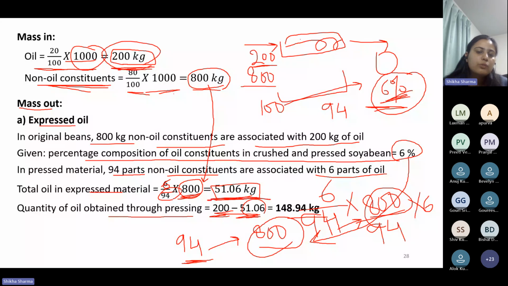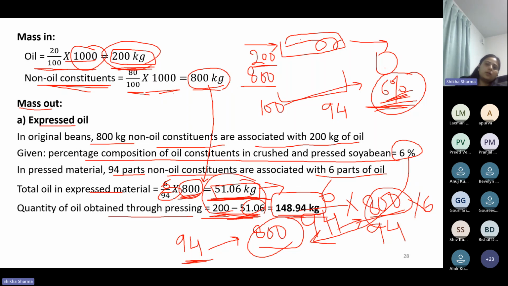So 51.06 kg of oil is left in the meal part. From the total 200 kg of oil we are feeding, 51.06 is left and not extracted. So 200 minus 51.06 is 148.94 kg of oil obtained through pressing.